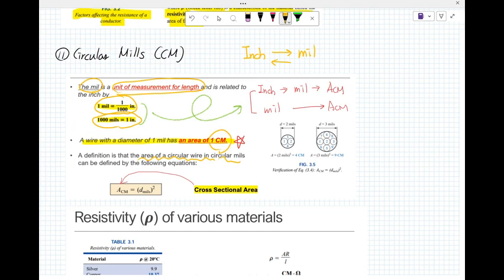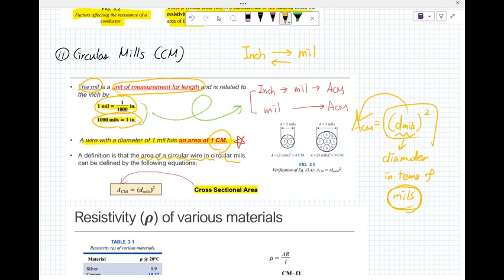If you want to calculate the area of a circular wire in circular mils, it is defined as A sub cm equals the diameter in mils, squared. So for any diameter, you have to change from inches to mils, and then square it.